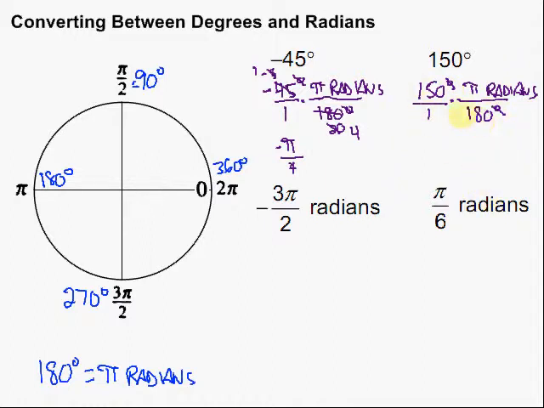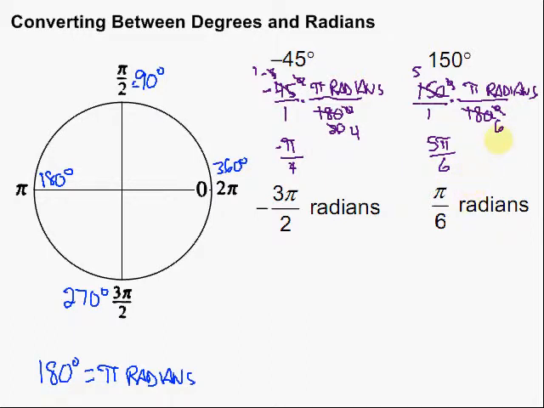Then I can do some simplification here. I can divide by 30 on the top and the bottom. If we divide by 30 here, that will give us 5. If I divide by 30 here, that'll give us 6. So then we have 5 pi radians over 6.